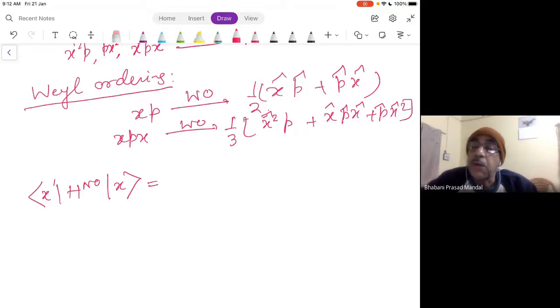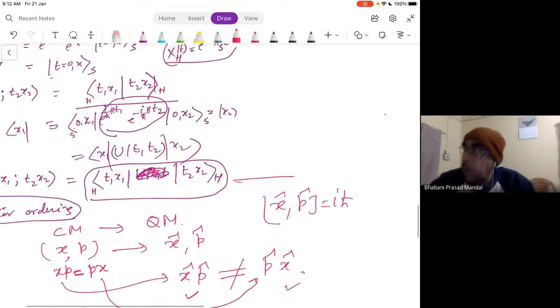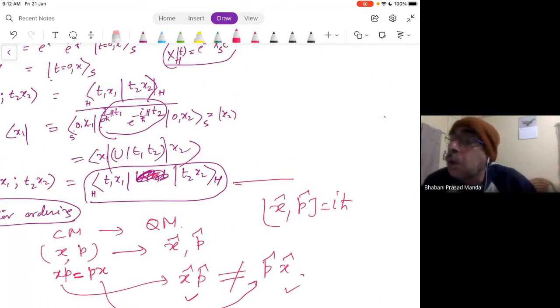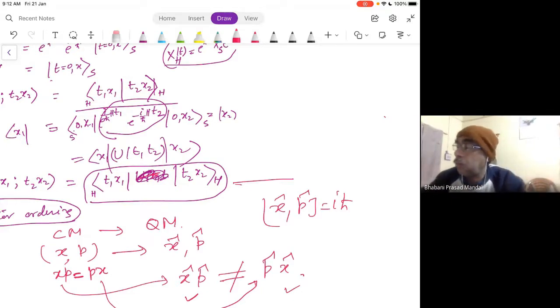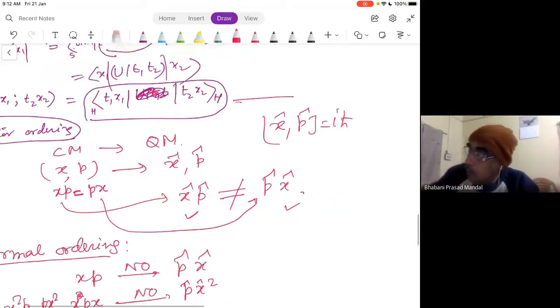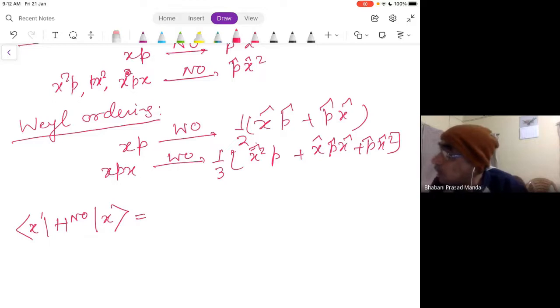By normal ordering you remove the infinite ground state energy. Let me tell you what will happen if you do the normal ordering, and what will happen if you do the Weyl ordering. So both we will discuss.